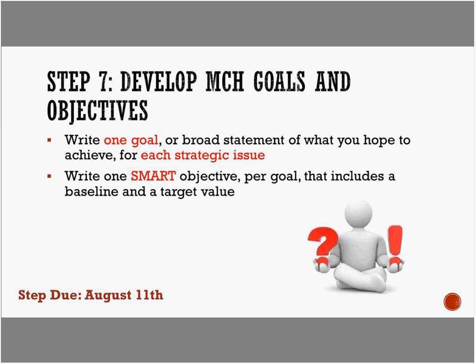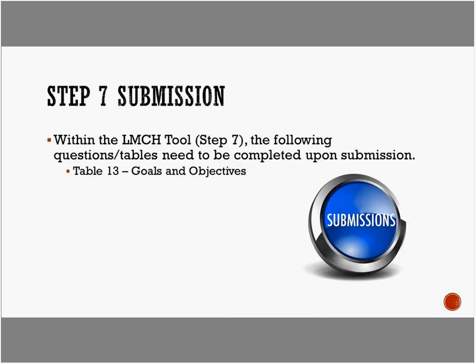In 7, you'll develop goals and objectives. So at this point, you'll have identified priorities you want to tackle, and for each of those priorities, you'll write a goal and an objective for each goal that indicates what you want to accomplish. And back over to the tool, there's a place in the tool for that. Increase the size of the document on the screen.